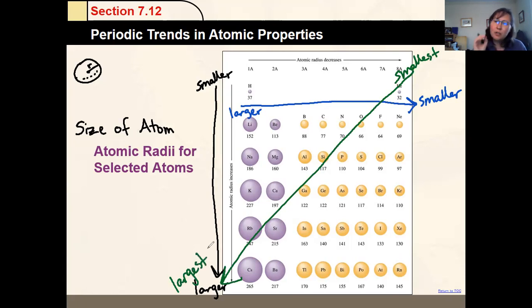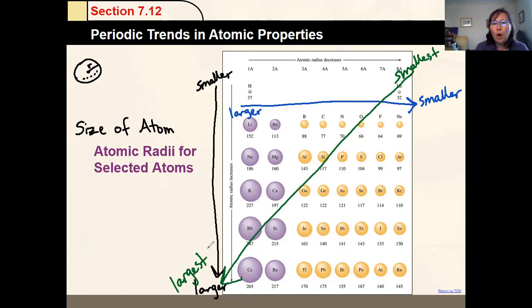Now, one thing that I want you to be very careful of is, as you can see, there aren't many exceptions to atomic radii. The atomic radii trends are almost foolproof each way as we go along the periodic table. However, there are trends in ionization energy that are exceptions, and they are notable exceptions that are very important.